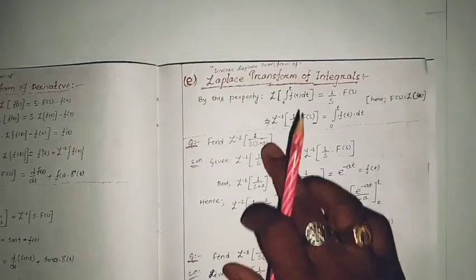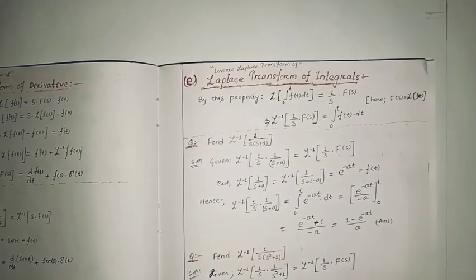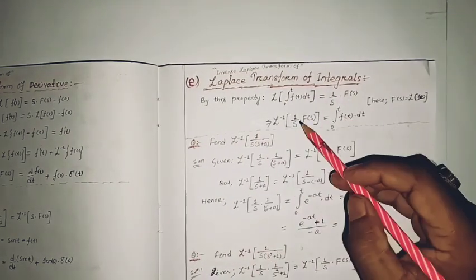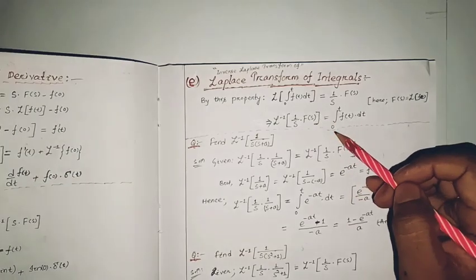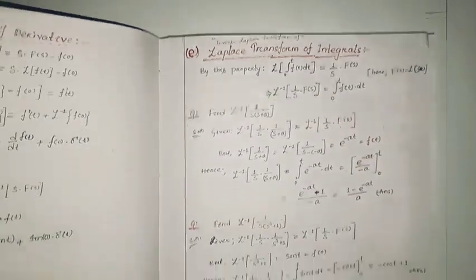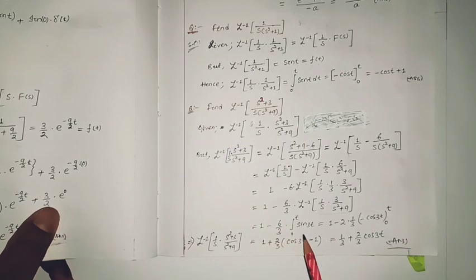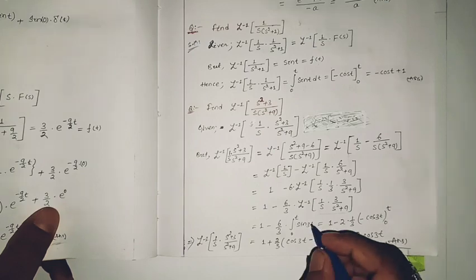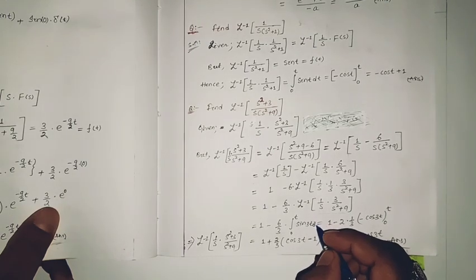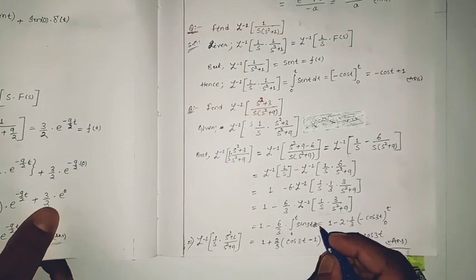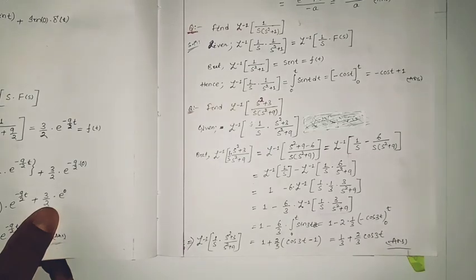But according to this property, the inverse Laplace transform of 1 by s into F of s will be the integral from 0 to t of f of t dt. So hence minus 1 is there, minus 6 by 3, integral from 0 to t of f of t dt.